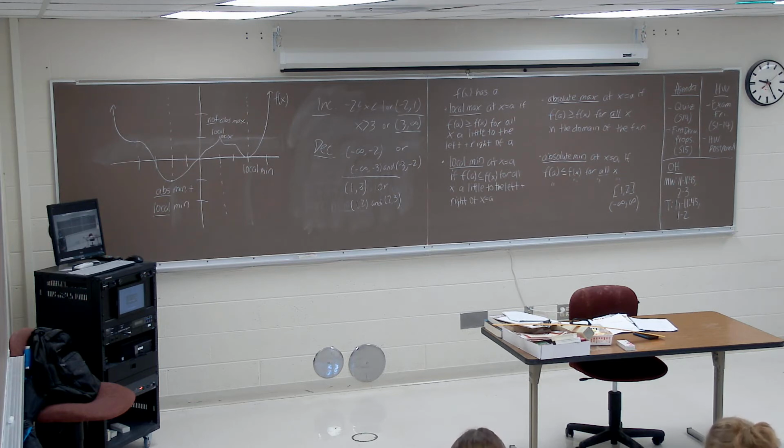Yeah, I would say at -3 pi over 2, we have an absolute maximum. At pi over 2, we have an absolute maximum. At 5 pi over 2, we have an absolute maximum. Zach, I think what you said was you can have the same absolute max value occur at multiple points. Yeah. And I would agree with that.